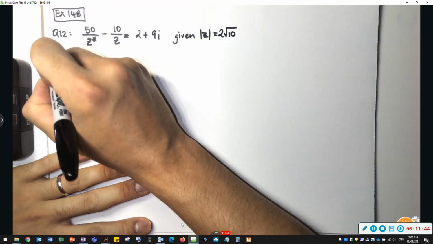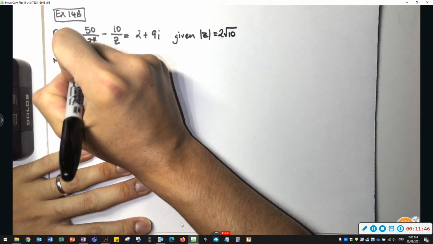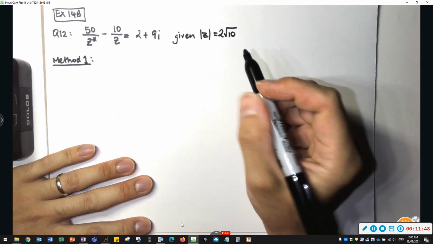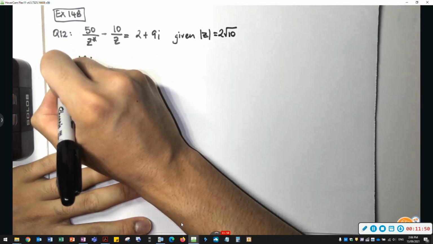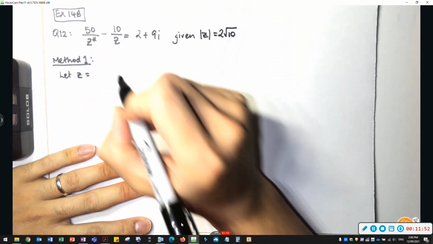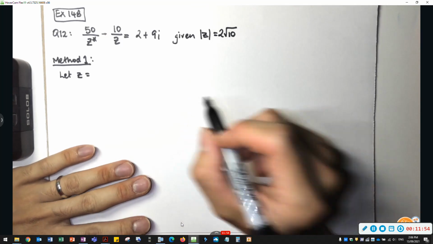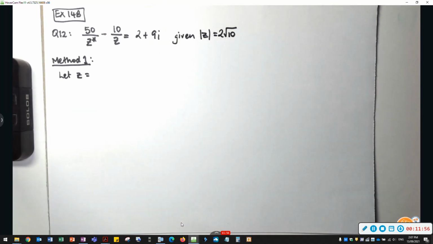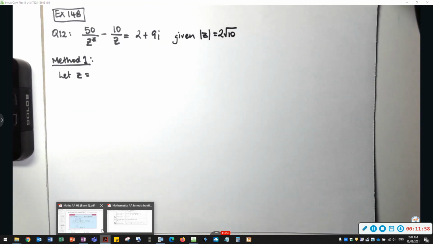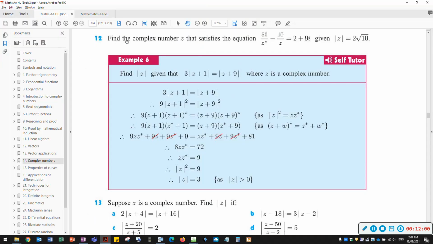Okay, so let's do method 1. This is probably the harder way to do it. So I'm going to let z equal a plus bi. Just remember the question is asking you to find what the z is. So I'll just remind you, it says find the complex number z.